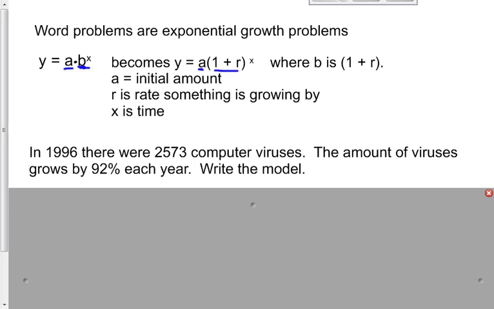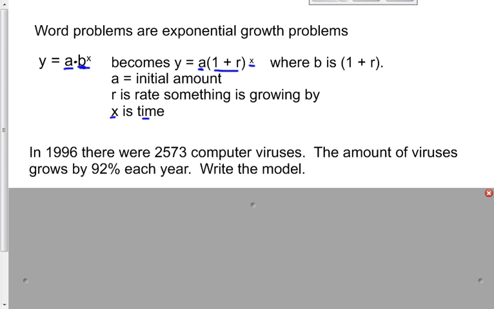That's going to talk about the initial value in the word problem. And then x is typically going to refer to time. How much time is going to go by where we're looking at some type of growth. Probably one of the most common growth equations or growth samples is putting money in the bank and let it grow interest for you. So that's a simple example of what we're going to do.